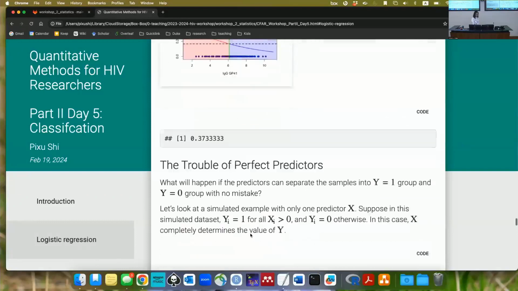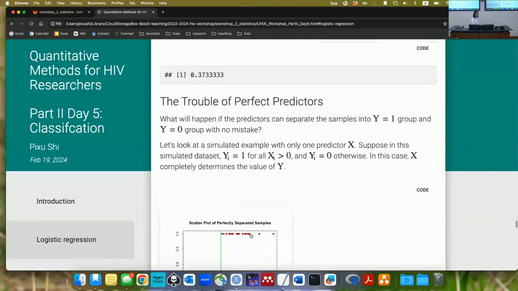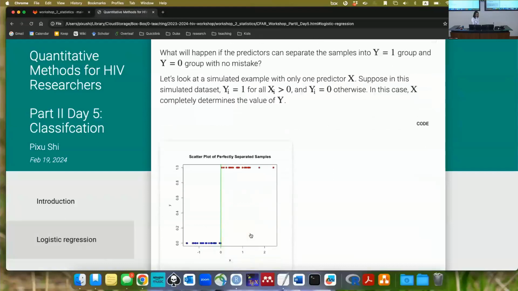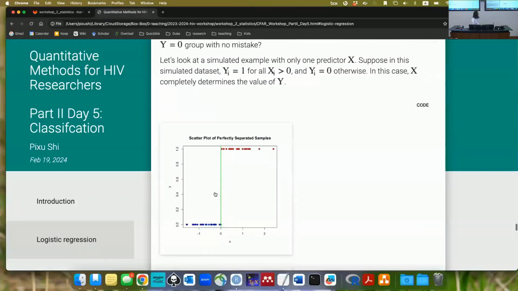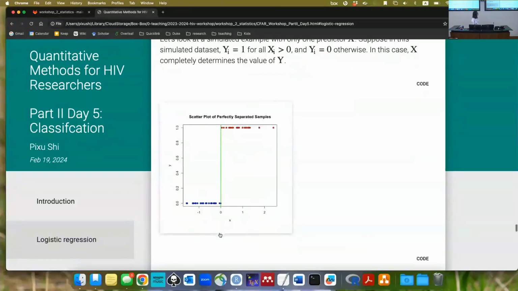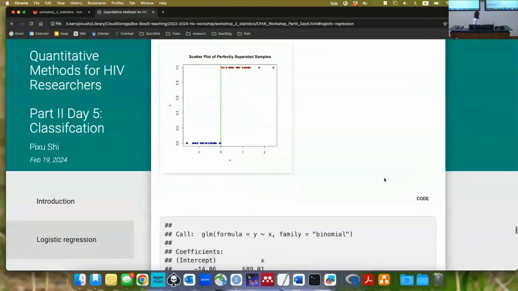There's also trouble when you have a perfect separation of the points. So I'm simulating a toy data example where the outcome is completely determined by X. If your X is below 0, then your outcome is 0. If your X is above 0, then your outcome is 1. So your X completely determines the class label of the subject.